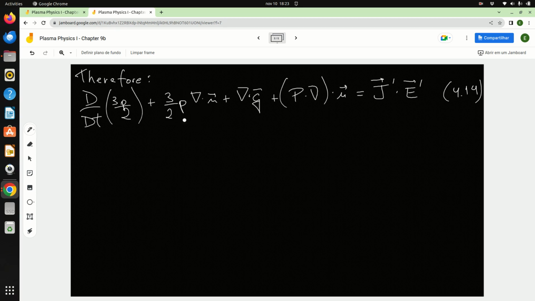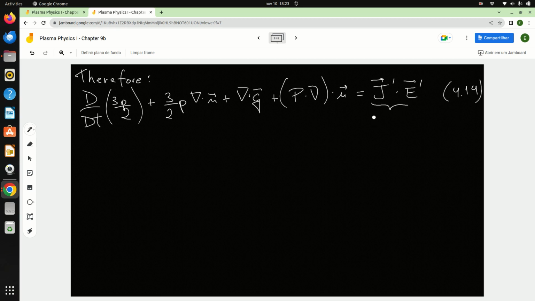So this is a contribution of those particle motions to the change of the energy. You have the contribution of the heat flow. You have the contribution of the pressure here. And you have the Joule heating.